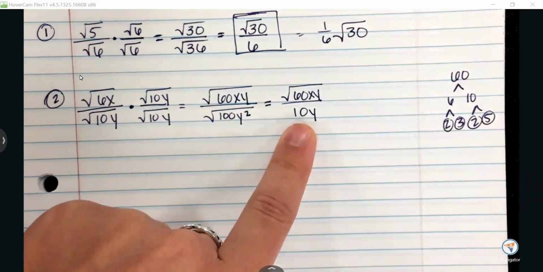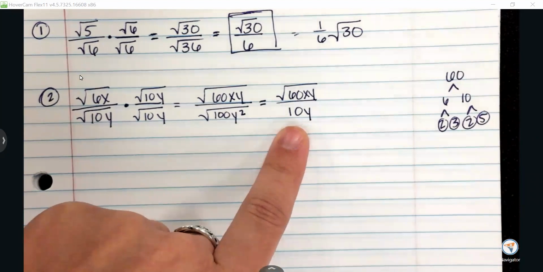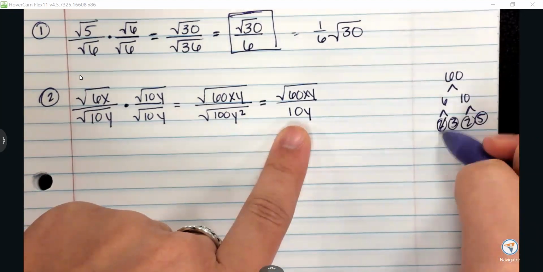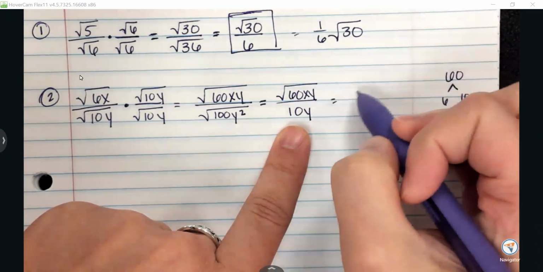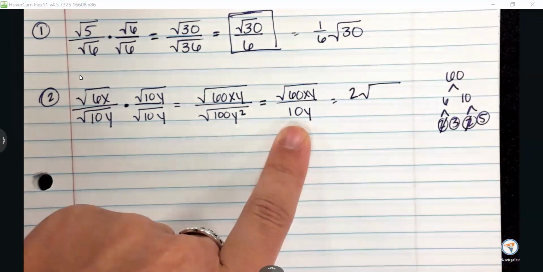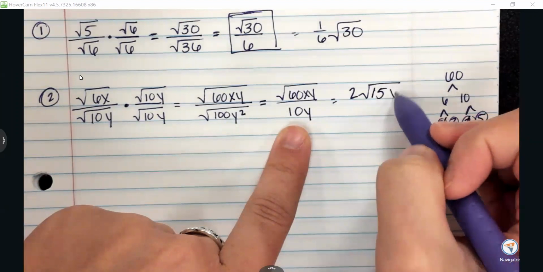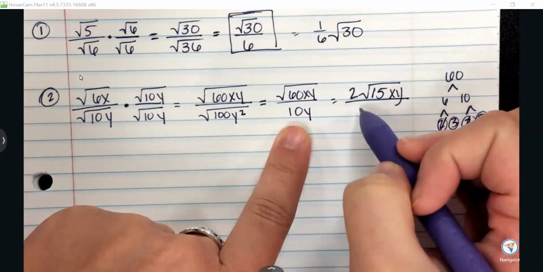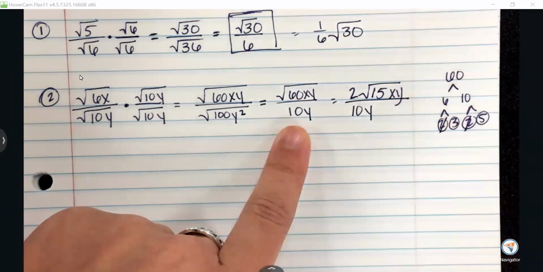What am I looking for? Groups of what? So what number can I take out? I can take my 2 out. What will be left over inside? 15xy, all over 10y.